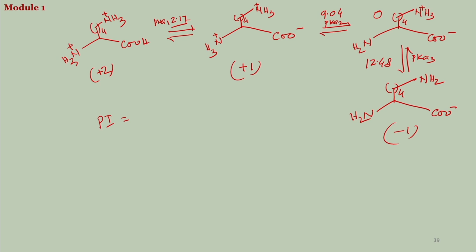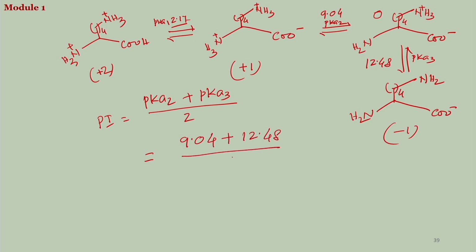So it is pKa2 plus pKa3 divided by 2. In this case 9.04 plus 12.48 divided by 2, that is coming as 10.76. So this is the pI value of lysine.